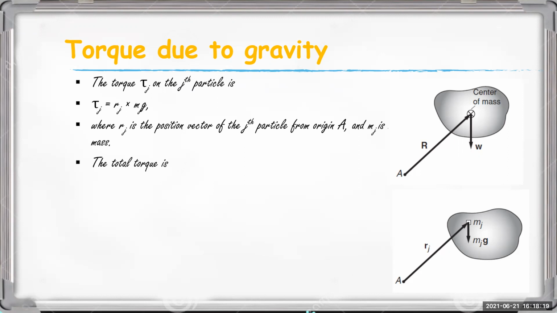Then the total torque can be obtained using the summation. So the total torque tau is equal to the summation of tau j over j, that is the summation over j of rj cross mj g.